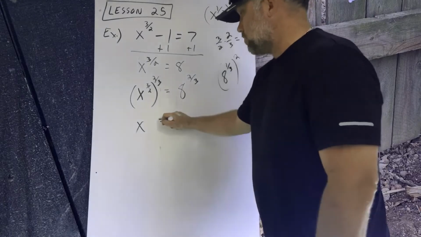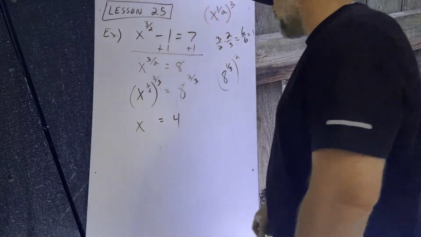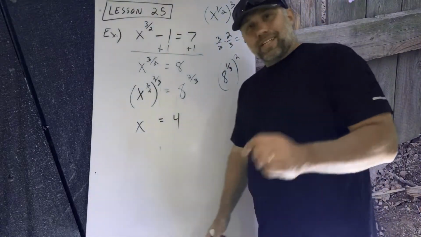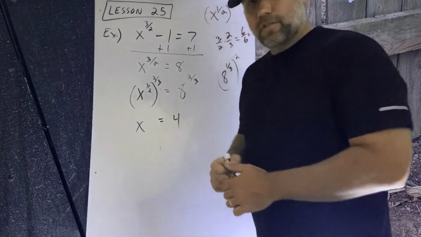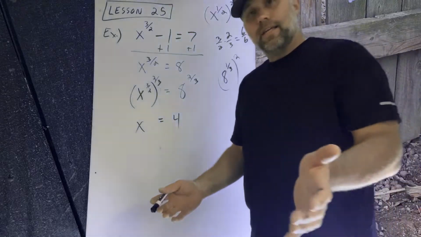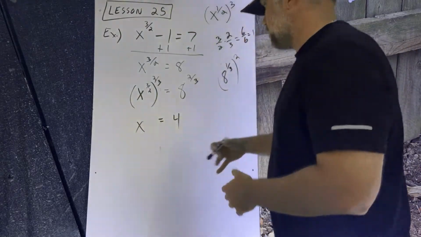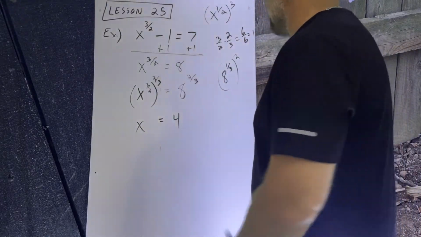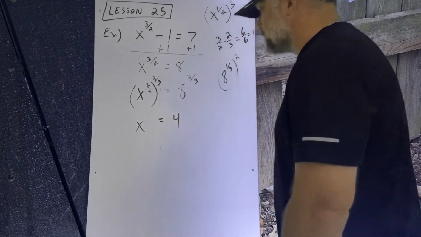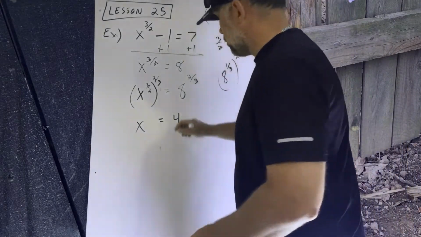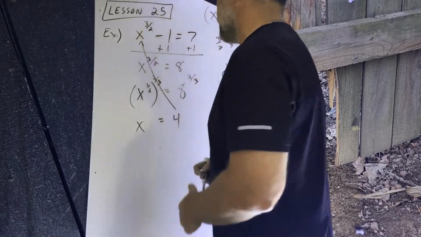So this all turns into a 4 right here. Now again, like I've said before, you can certainly take your calculator and raise 8 to the 2/3 and you'll get 4, and that's okay. But again, I'm just trying to get you to understand the concept of fractional exponents. So, final answer here, x equals 4. If you wanted to check it, you could plug this 4 back in for x right here.